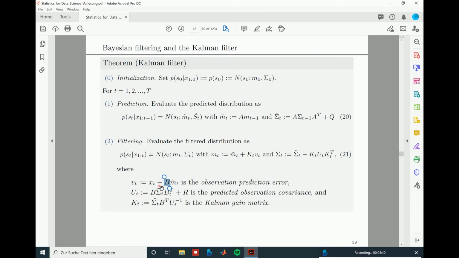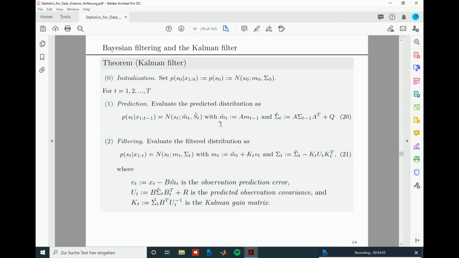And so essentially what that means intuitively is that you forward your filtered mean forward in time, so you have an idea what the expectation parameter is at t minus 1.